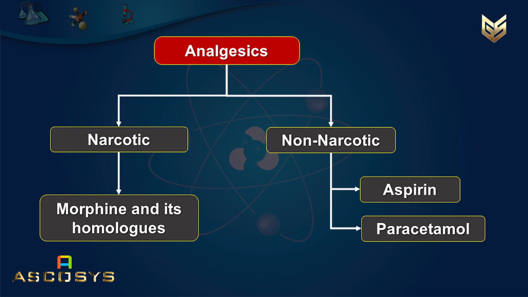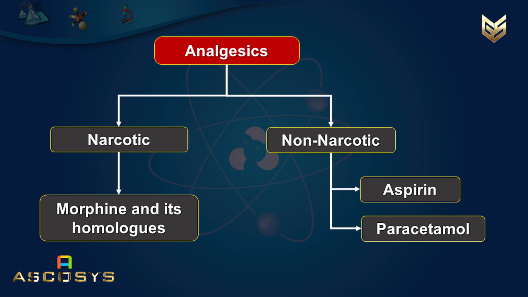First of all, what are analgesics? These are drugs which help in pain relief. In case of any kind of pain, we can take these drugs. The two classifications are narcotic and non-narcotic. Under narcotic, we have morphine and its homologues.